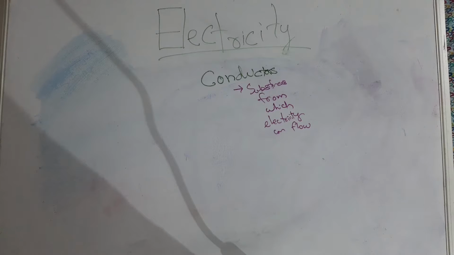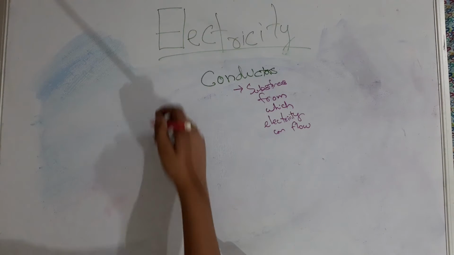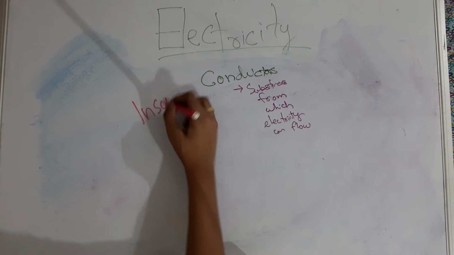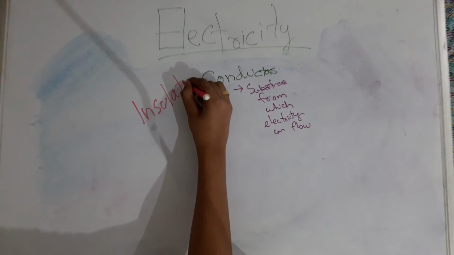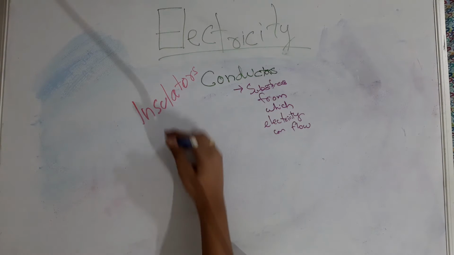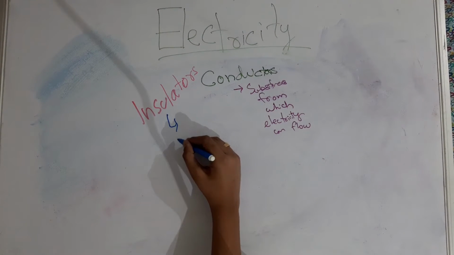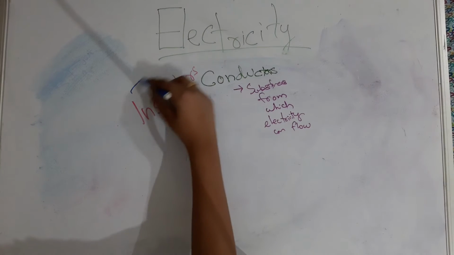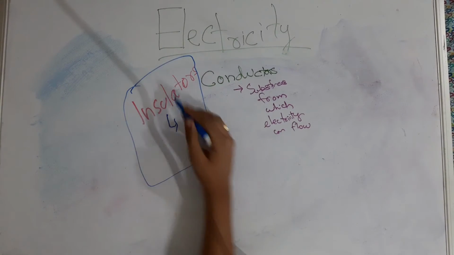Now let's proceed to insulators. So conductors are those from which electricity can flow. And what are those called from which electricity cannot flow? Those substances are called insulators.